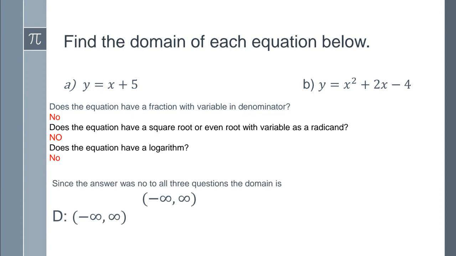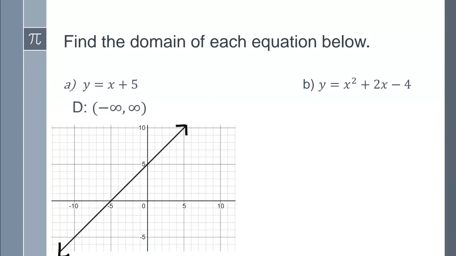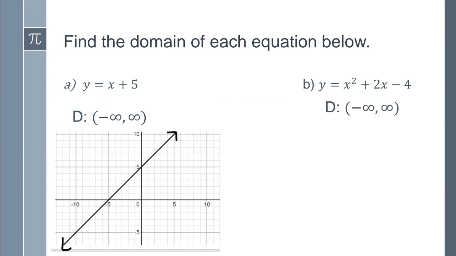So again, the answer for problem A is from negative infinity to positive infinity. It's all x values that this function will take. Just to verify, we would graph it, and we can see that this graph indeed goes forever to the left and forever to the right. So let's go ahead and look at B.